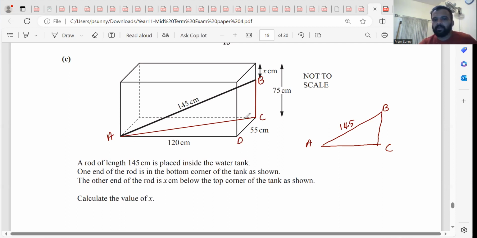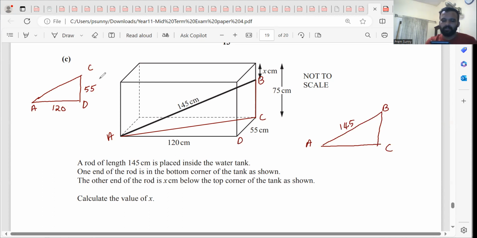In order to find out AC, I'm going to consider the right angle triangle ADC. Here AD is 120 and DC is 55. So you use Pythagoras theorem.